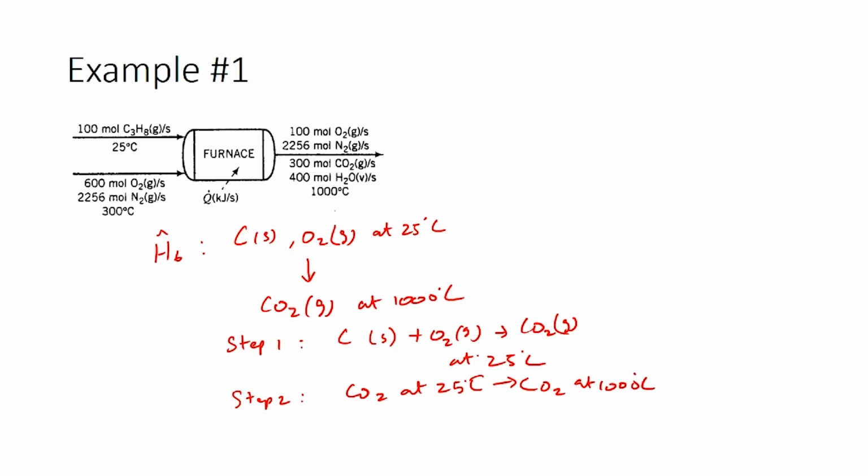The first step would be the heat of formation, obtained for the change in enthalpy. The second step would be integral Cp dT, or you can get that value from the enthalpy table or the combustion tables.